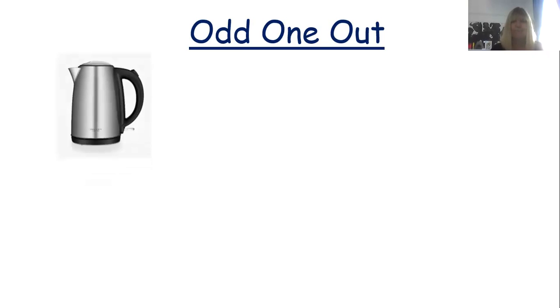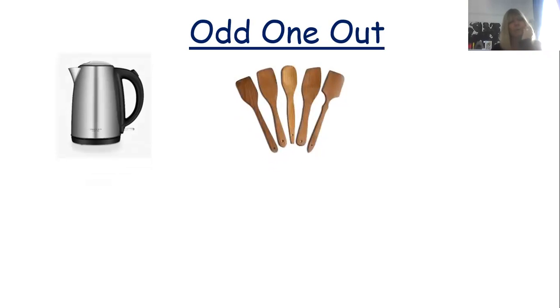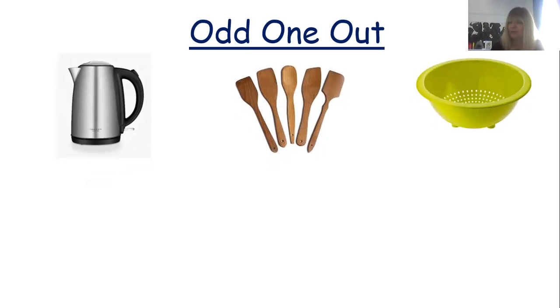Now, what have we got next? Odd one out. Let's have a look. What's that? Yeah, there's a kettle. Next picture. Wooden spoons. Do you know what this is? It's called a colander.